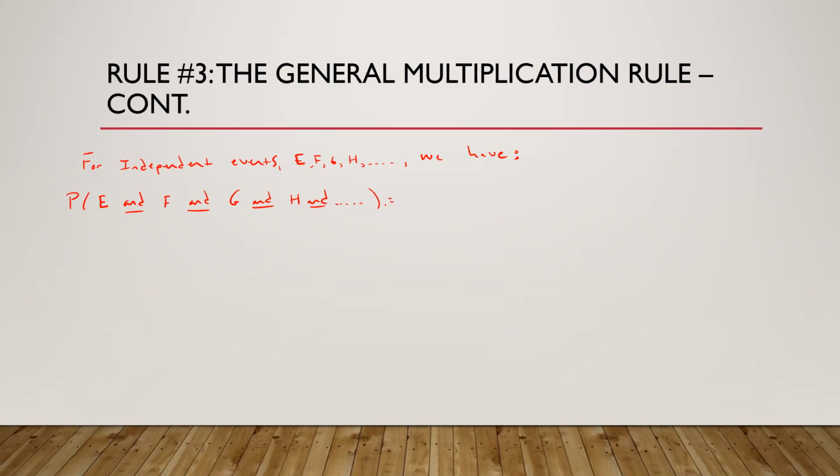Multiply. So you're just going to take the probability of the first event, E, and multiply it by the probability of the second event, F, times G, times H, and so on. However many there are, you would just multiply them all together. That's it. That's how you tackle this.